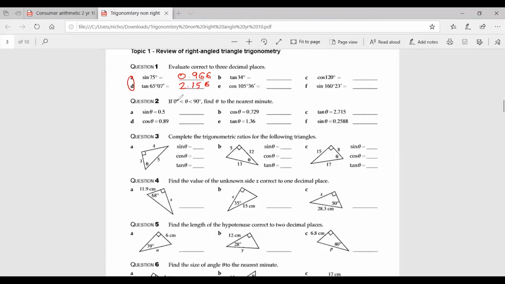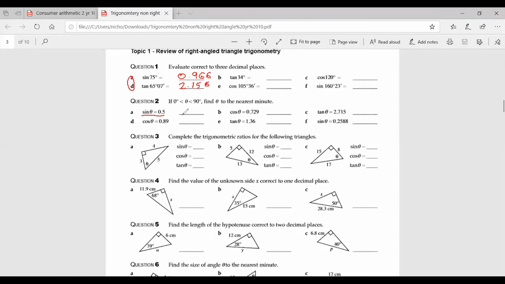Yep. So if theta is between 0 and 90 degrees, find theta correct to the nearest minute. How would you do this one? Shift sine, and then 0.5.